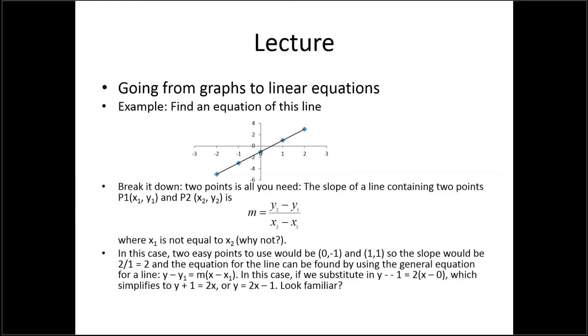The first thing you want to do is choose a couple of handy points and find the slope. Once you find the slope and you have one of the points, you can easily backtrack into the equation. So in this case, using the points 1, 1 and 0, negative 1, we can see that the slope is going to be 2. Choosing either one of those points, we get the equation y equals 2x minus 1 after a little bit of algebra.